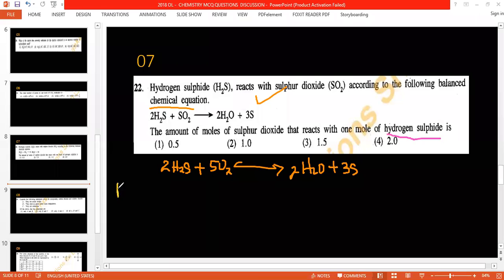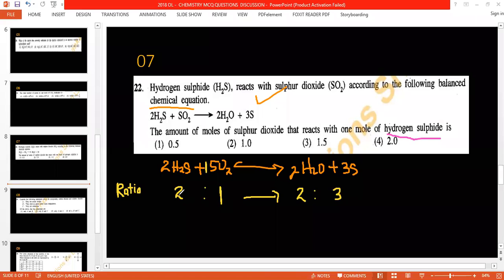What is the ratio between H2S, 2 is to, and here 1, you must know here 1. So 1 is to, you don't need this one, but I'm just putting it here. 2 is to, and 3.